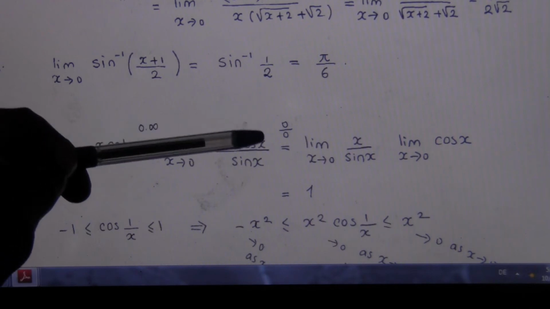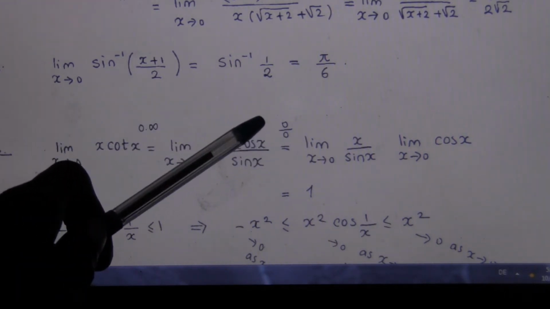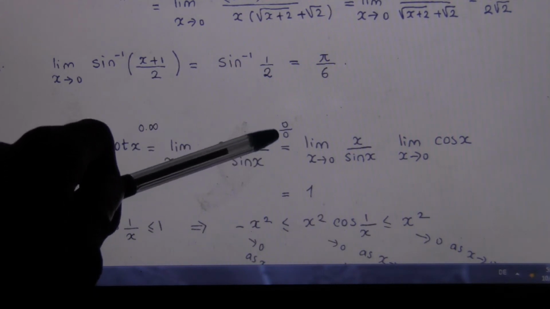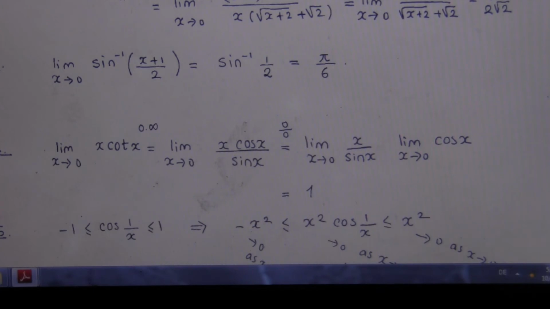When you have a cos of something or sine of something, you can't ever factor anything out of the cos or the sine. You can't factor anything out of the trig function. So okay, what do we do? We're stuck. But alright, we know that 1 is the answer.